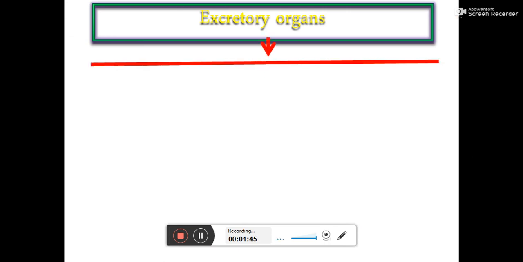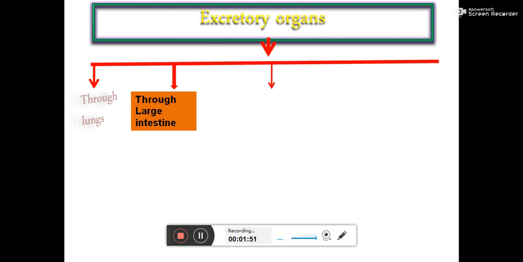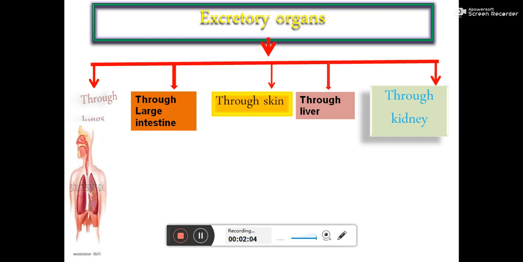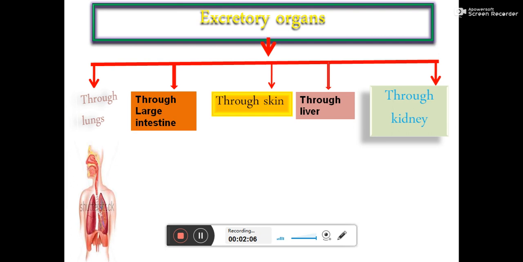If we see the excretory organs of the human body, we can find this happens through lungs, large intestine, skin, liver, and most importantly, through kidney. Through lungs, we filter out the carbon dioxide from the blood.